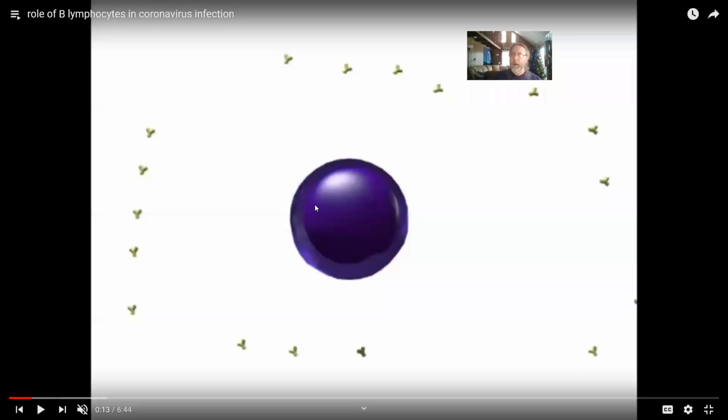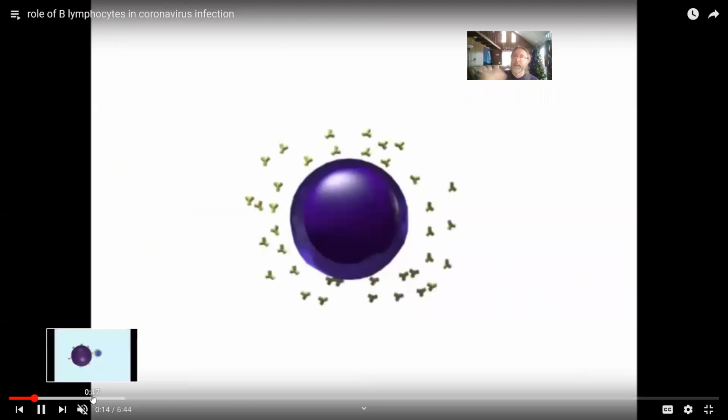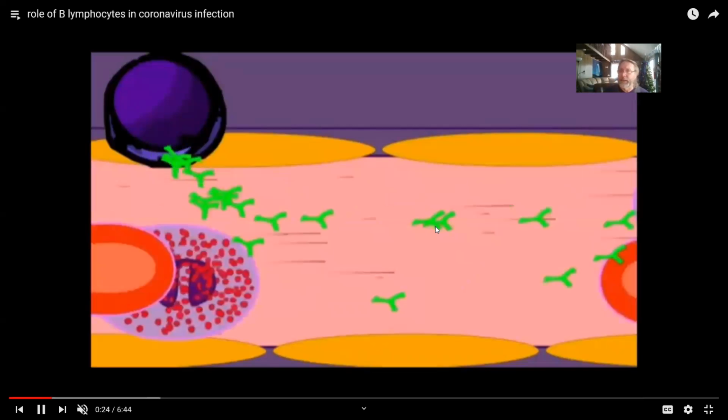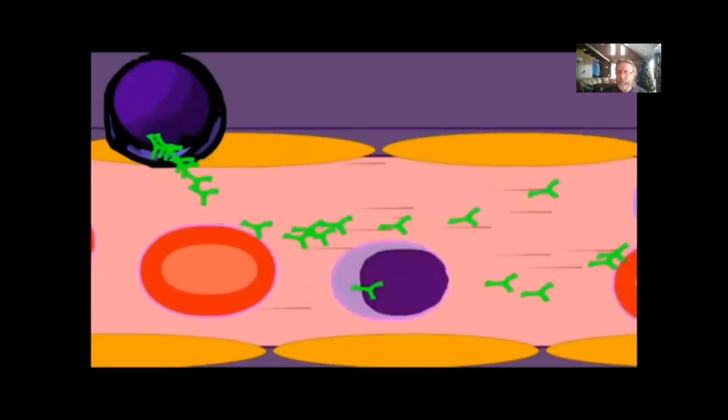So here you see lymphocytes releasing antibodies. These are the B lymphocytes. And if we have any immunity towards coronavirus infections, either after a vaccine or after becoming infected, it is because we have the ability to make antibodies against coronavirus and its protein.